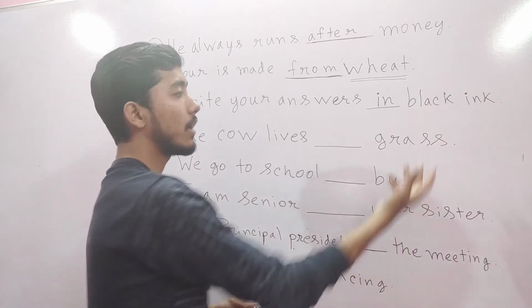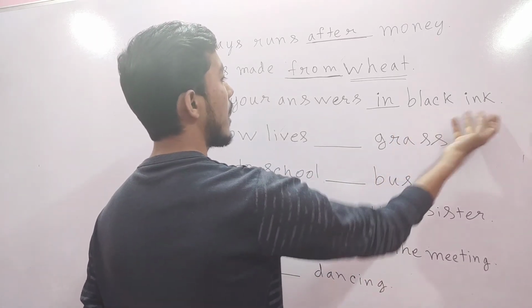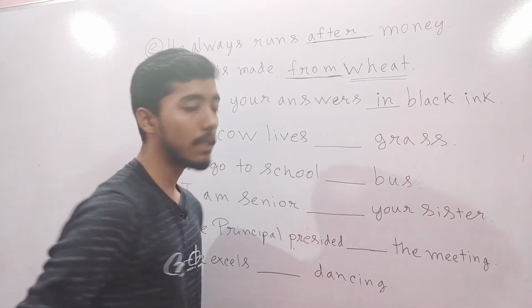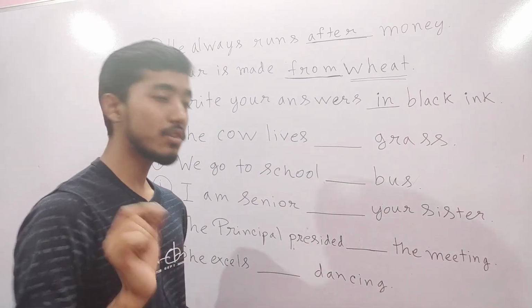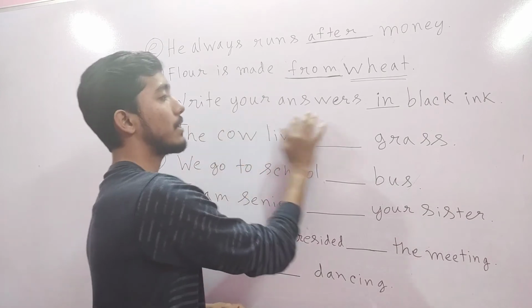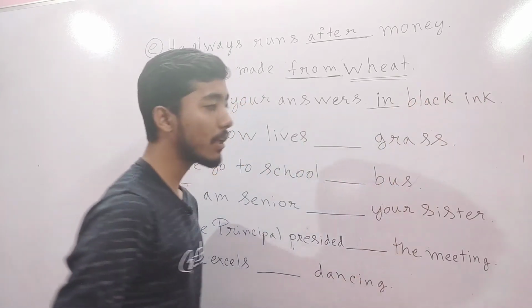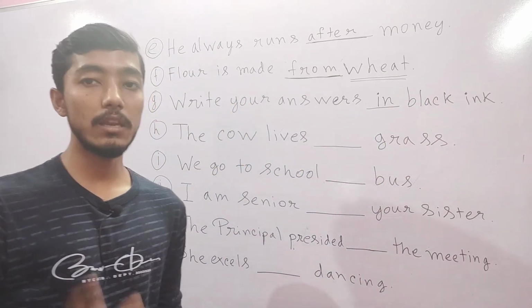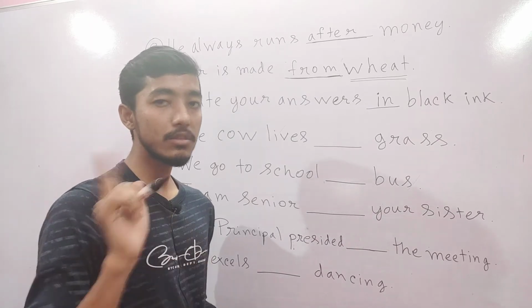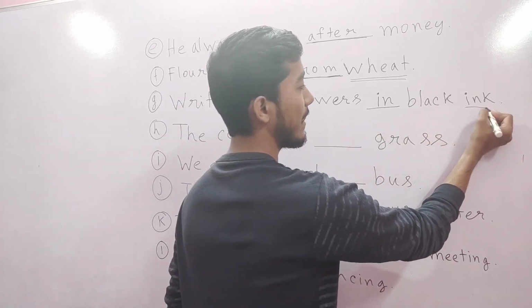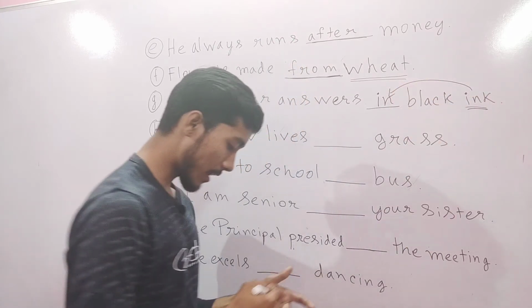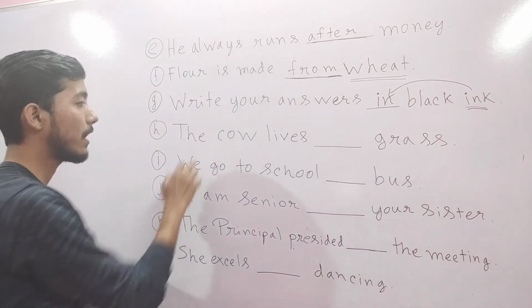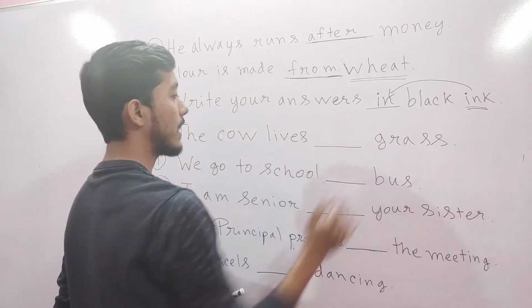Now whenever you get these, remember to put in before that. No need to remember anything else. Just remember, whenever you get this question, write your answers dash black ink, always write in. And if you don't remember the answer, just use this trick: black ink in, so you can put the answer in.